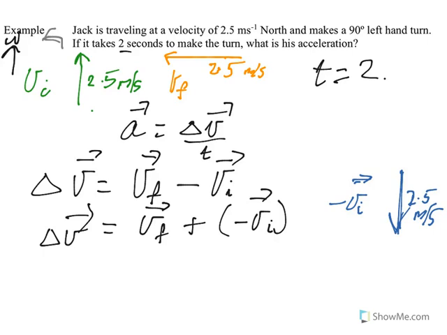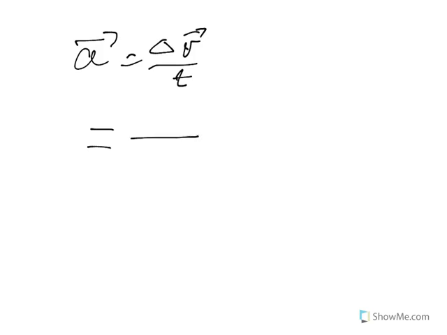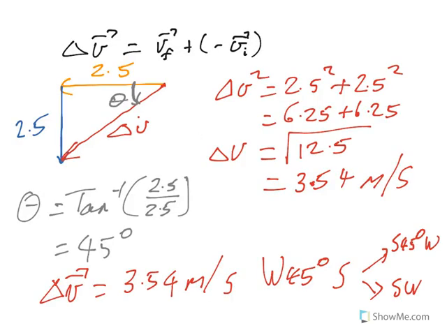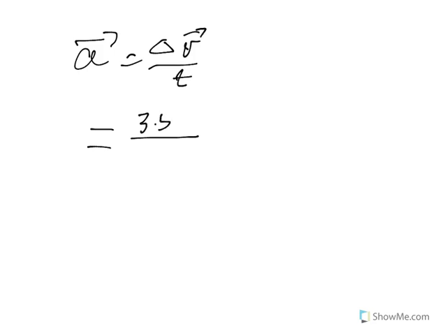We were trying to figure out Jack's acceleration. His acceleration is the change in velocity over the time. His change in velocity, the size part, is 3.54, and the time was 2 seconds.